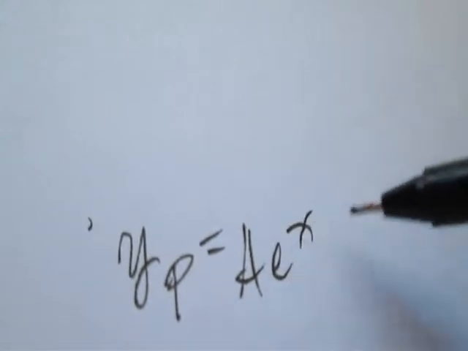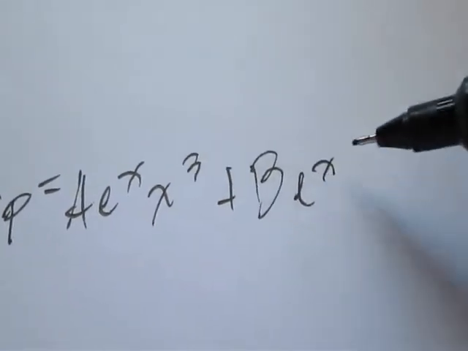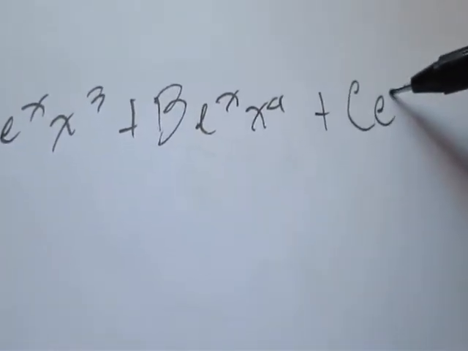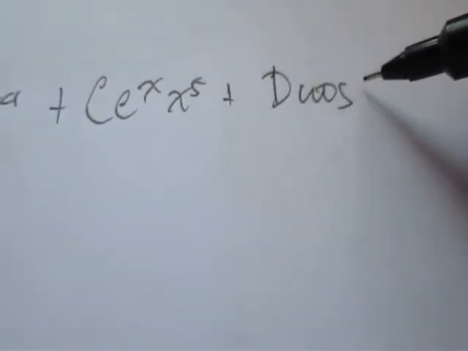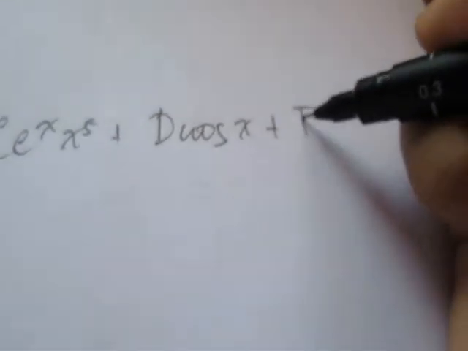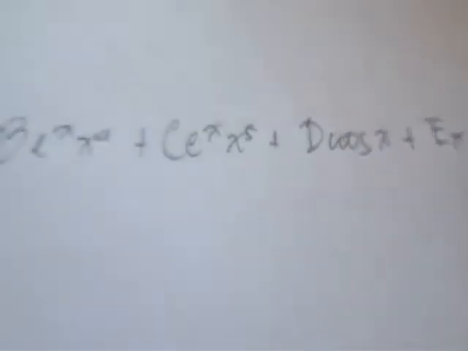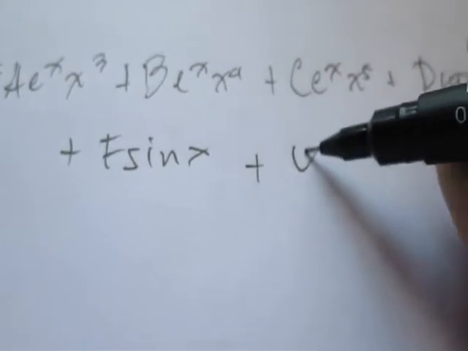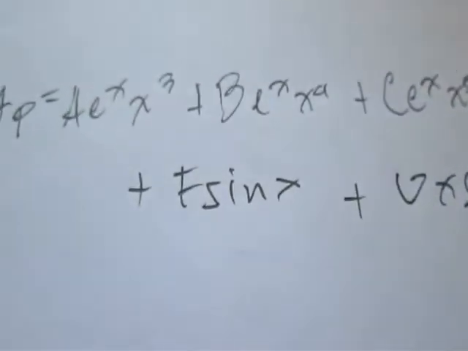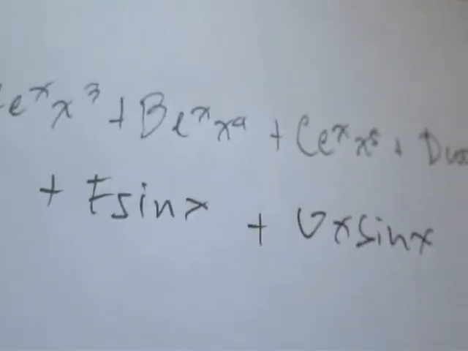So going back to our yp, we have yp equals a e to the power of x cubed plus b e to the power of x to the 4th plus c e to the power of x to the 5th plus d cosine x plus e x cosine x plus f sine x plus g x sine x. So we substitute the values of the constants that we got a while ago into this equation.